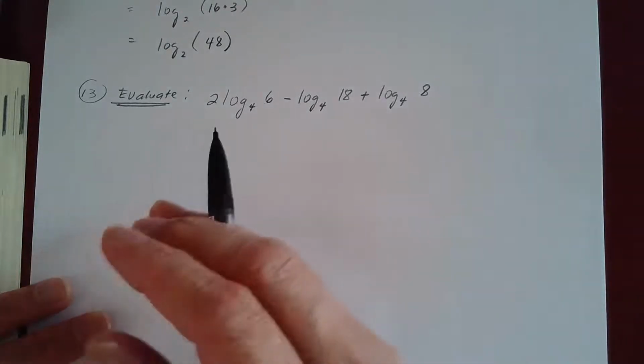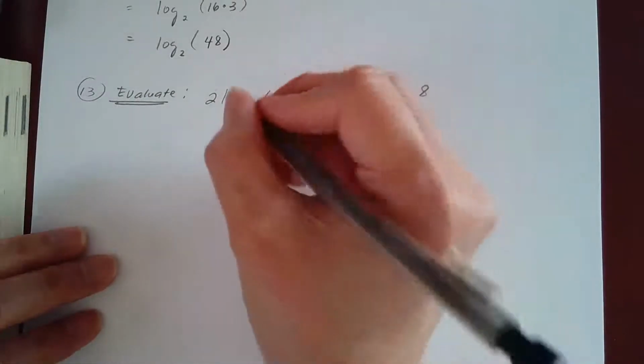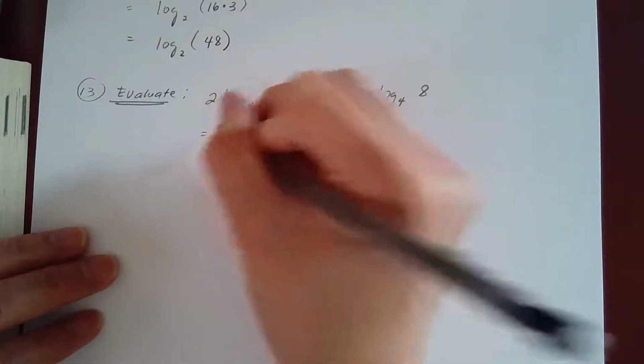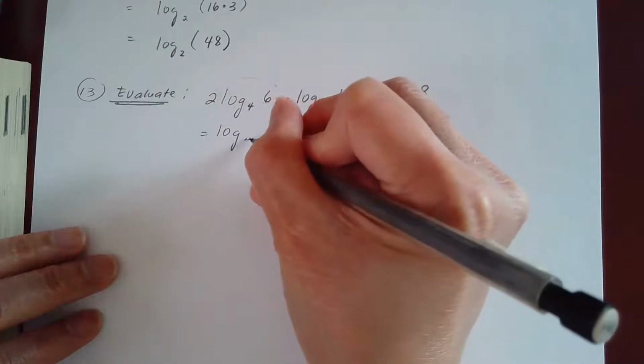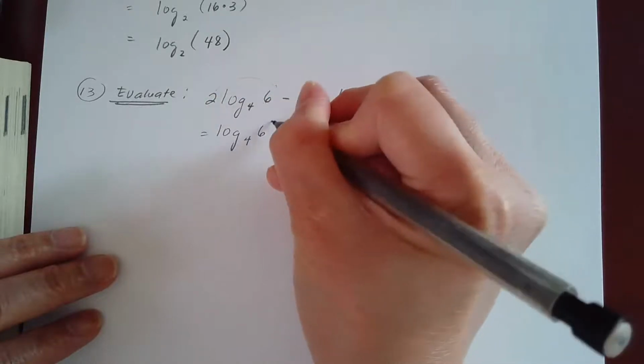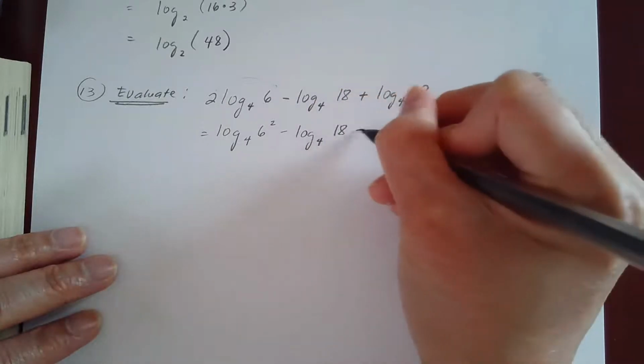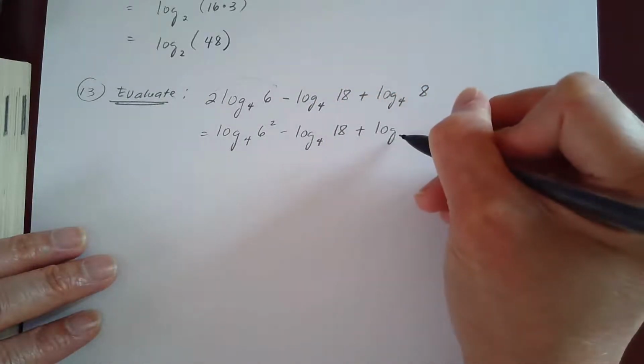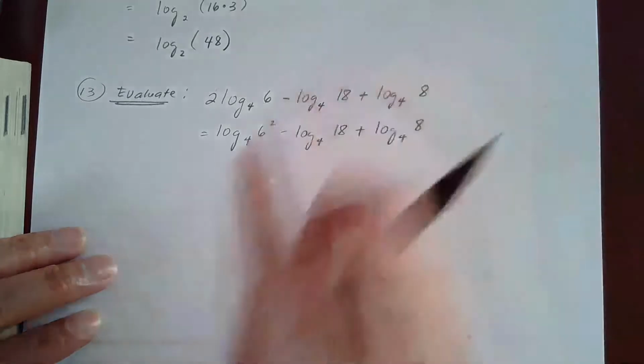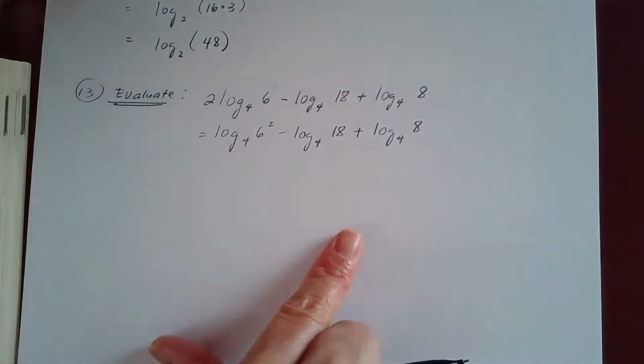So let's see if we can simplify this. Bringing the 2 to the exponent, log base 4 of 6 squared minus log base 4 of 18 plus log base 4 of 8. Let's see if we can simplify all this.